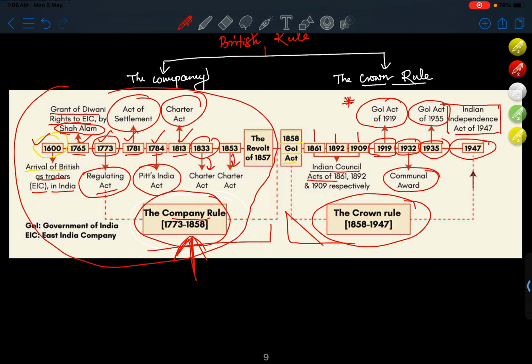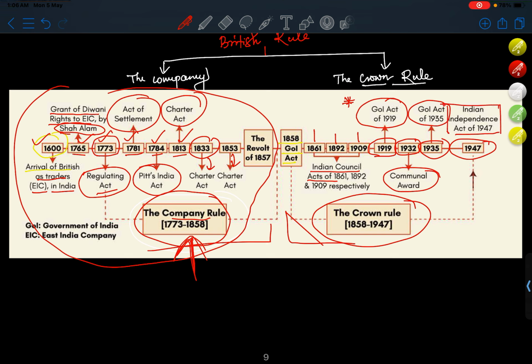Among these laws, the Government of India Act 1919 and the Government of India Act 1935, these two are very important. From here only the base foundation of our constitution has been taken. You don't have to remember this timeline, not at all.